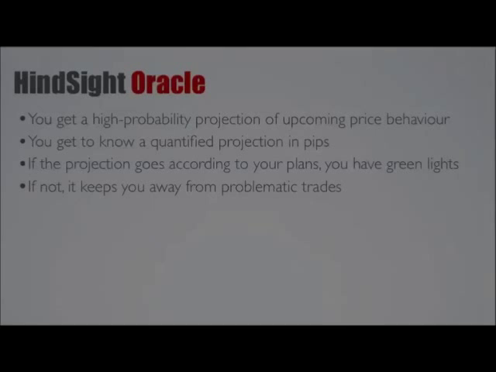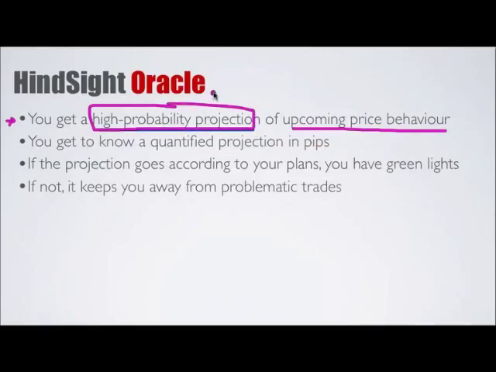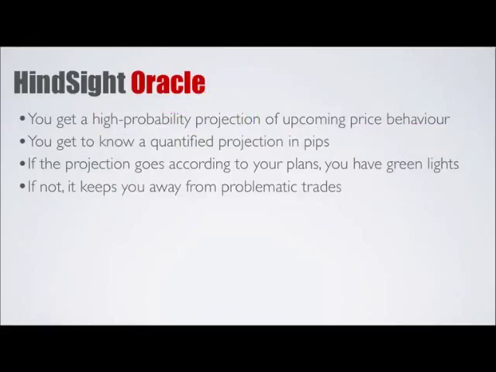Okay. So to sum it up, let me real quickly summarize the main benefits of the Hindsight Oracle indicator. First of all, the most obvious one, of course, you get a high probability projection of upcoming price behavior. And please mind that I say high probability projection. The reason it's a high probability one is, like I said before, because the indicator only gives out those projections based on past price patterns that resemble very closely the price pattern we are seeing right now in the market.